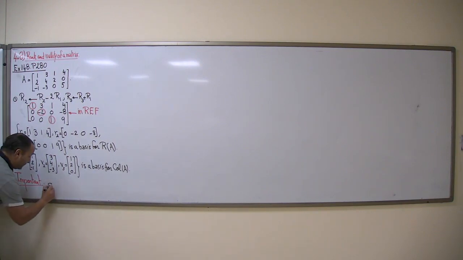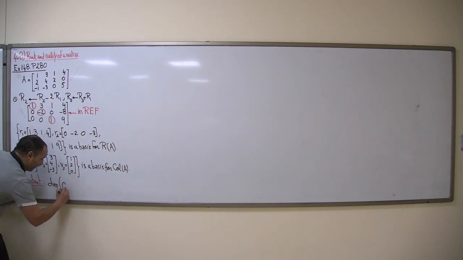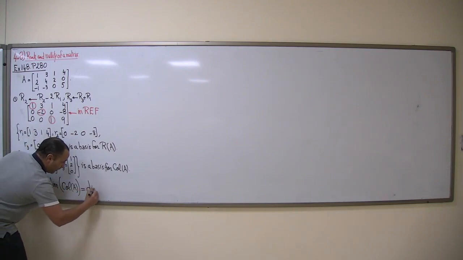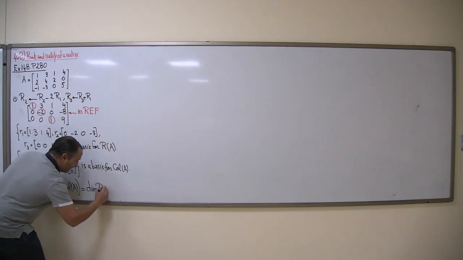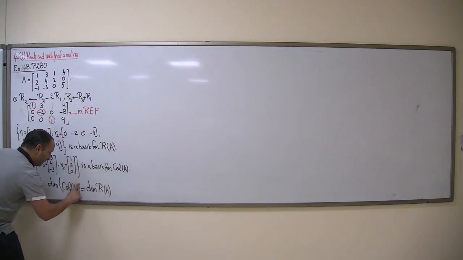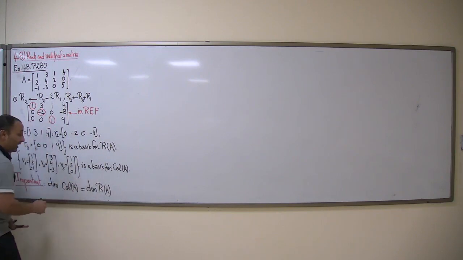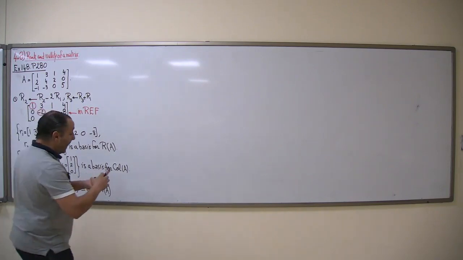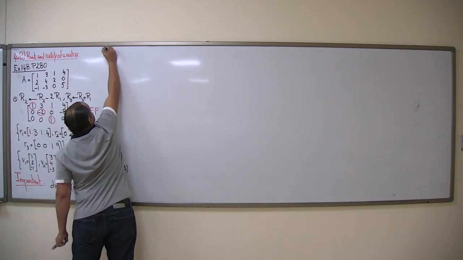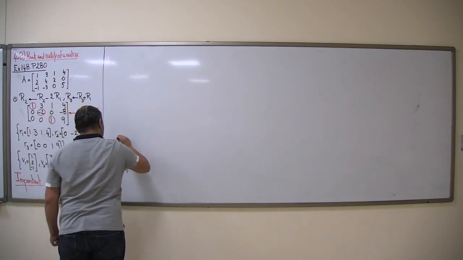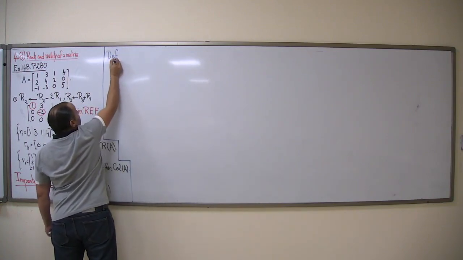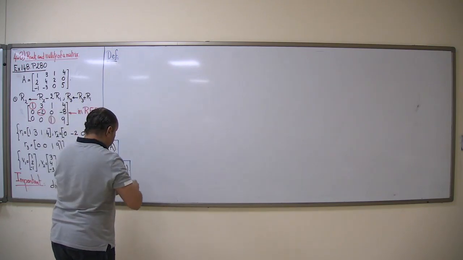The dimension of the column space of any given matrix is equal to the dimension of the row space of any given matrix. So the dimension of the column space is equal to the dimension of the row space. And this is exactly what we call the rank of a given matrix. So I go now directly to the definition of the rank of a given matrix.